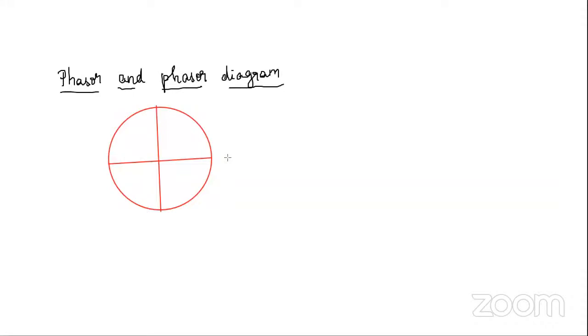If your equation is y equal to a sin omega t, this is the expression for simple harmonic motion.